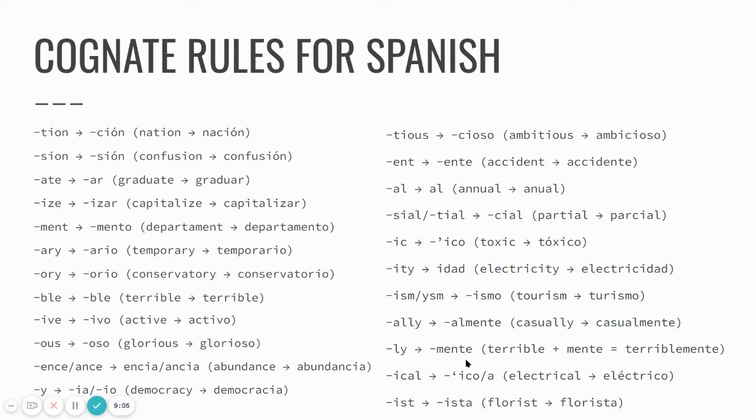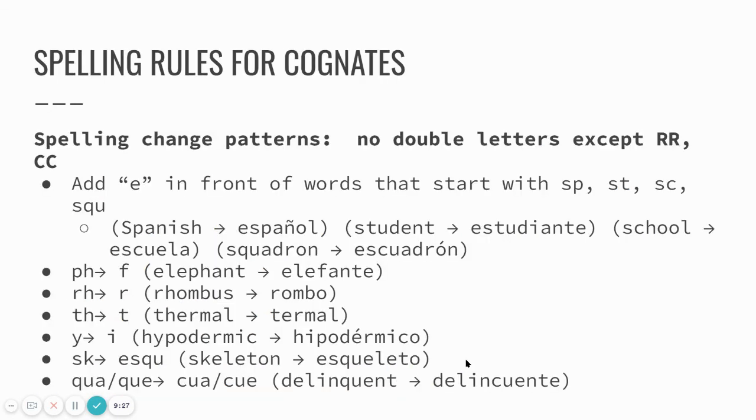But if you look at annual to anual, it does not keep those two N's. If you look down a little bit more, casually does not keep those two L's, casualmente. Those are just some examples. Not a complete list, just to see it in action.